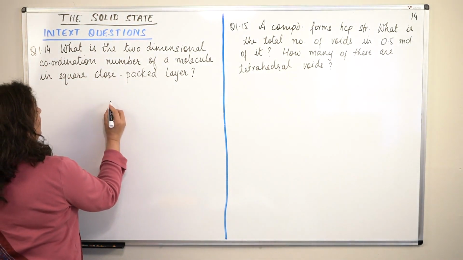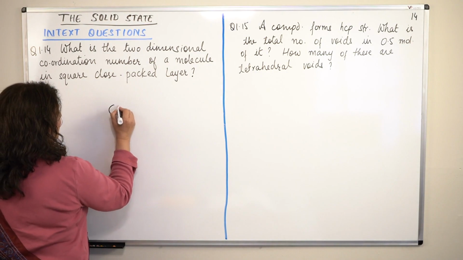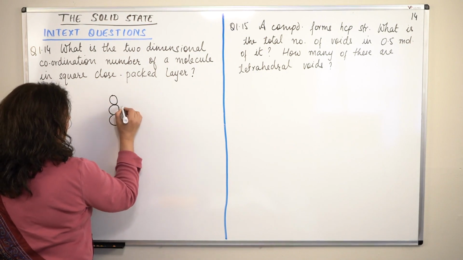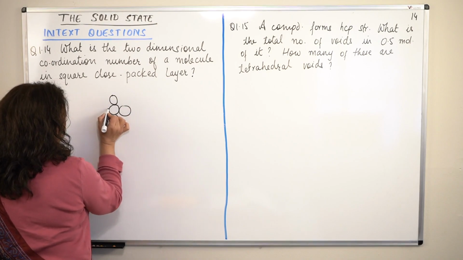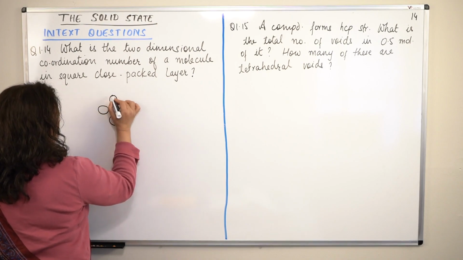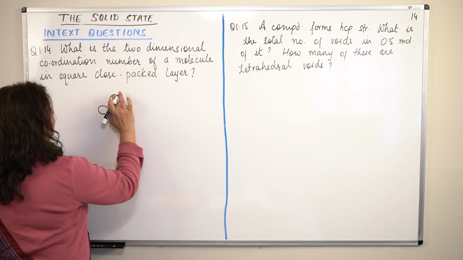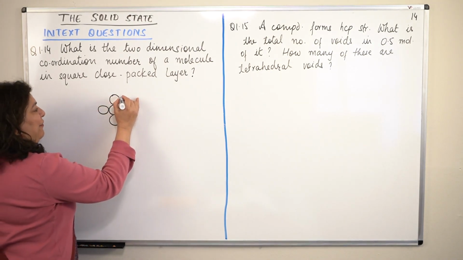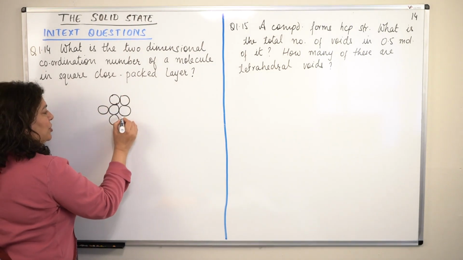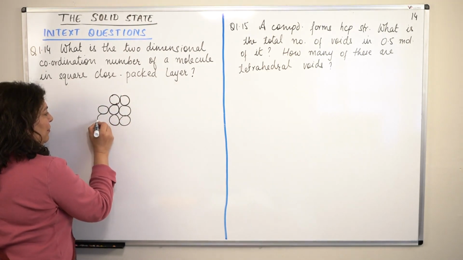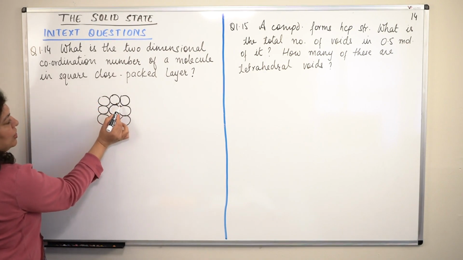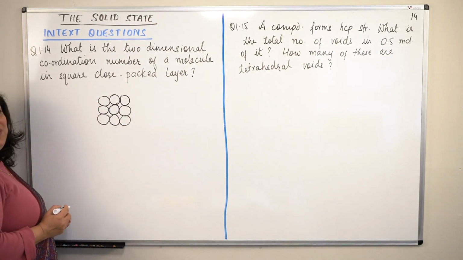You draw the molecule like this. If this is 1, this is the second one, this is the third one, this is the fourth one, and the 5th atom or the molecule. Now, it is touching these 4, and if you have these molecules here, as I showed you, the 4 molecules which are diagonally arranged are not touching this central ball.